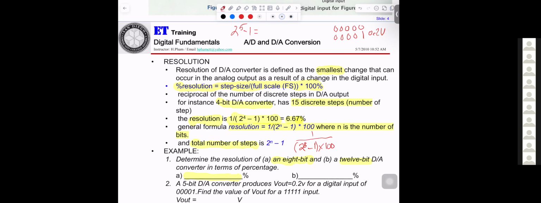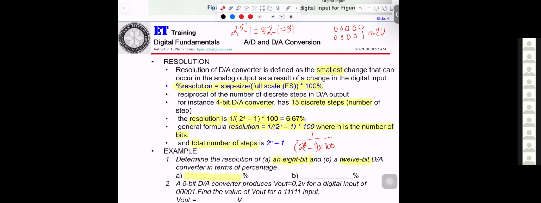volt. So basically 5-bit, then you can go in from 2 power 5. Is it 32? Yeah, that's 32, minus 1, 31 steps. Each step will be 0.2 volt.